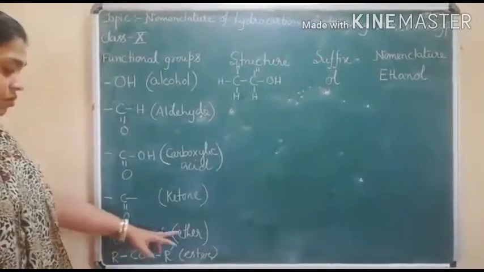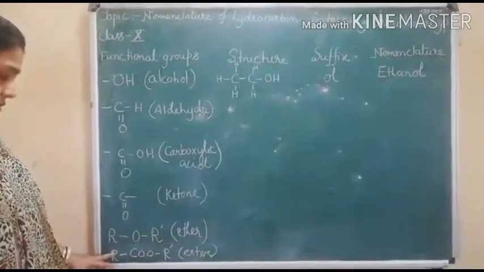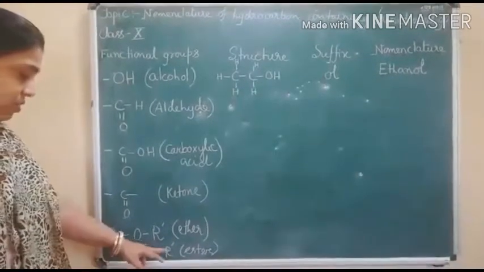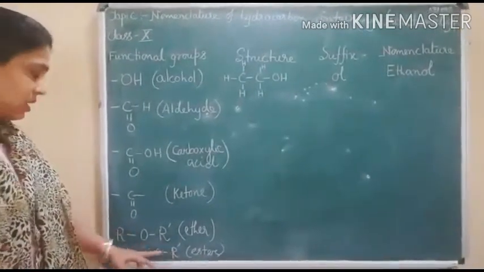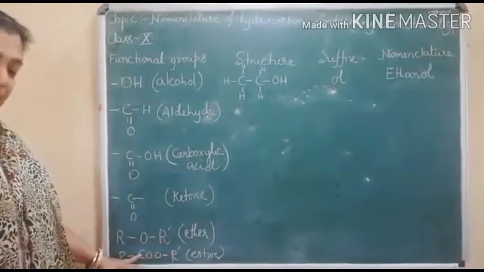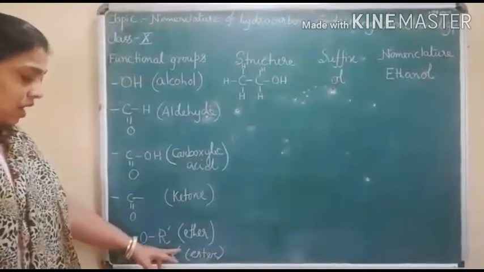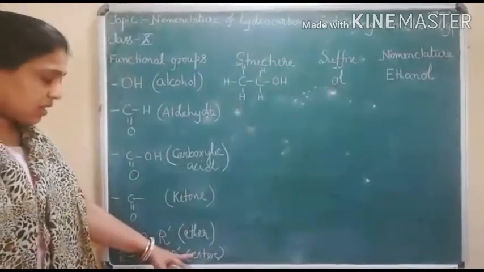So this functional group is known as ether. Next one is R dash, meaning both carbon chains are different, and in between these two carbon chains there will be COO. This functional group is known as esters.